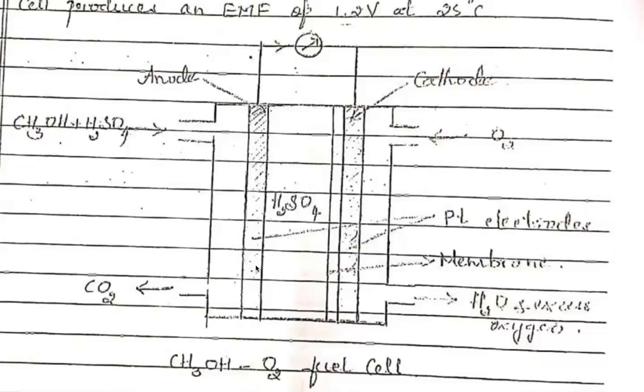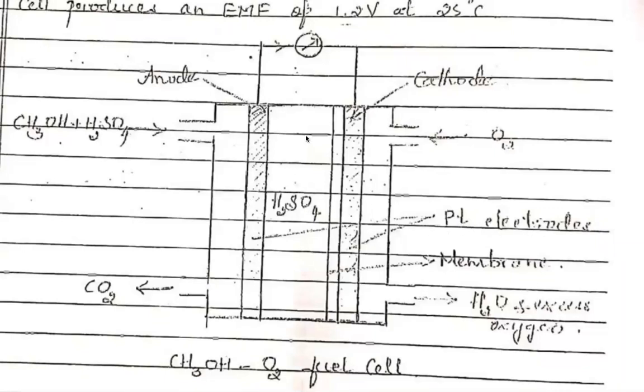We have an anode here, right? And we have a cathode here. These anode and cathode electrodes are both made of platinum.